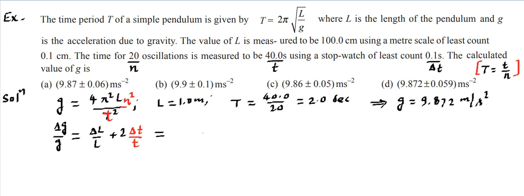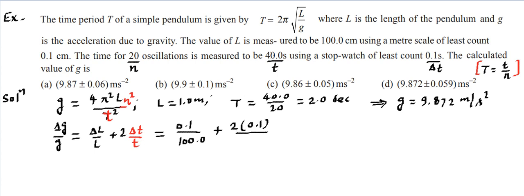Error will come from those quantities whose measurement has an error. Okay, now let's put the value of delta L. We started with the delta L value, which was quite correct, 0.1 divided by the L value of 100, or we can write 100.0, plus 2 times delta T. Now this delta small t is 0.1 divided by what the T measurement was.